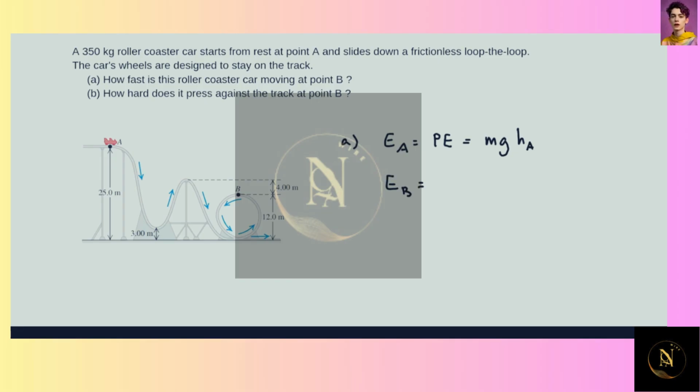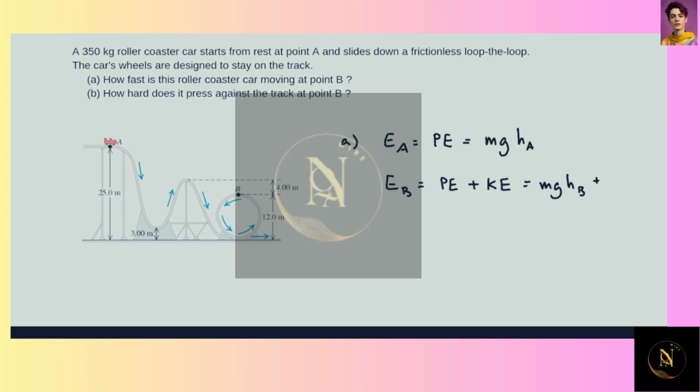At point B, right here, the cart will have a reduced potential energy, but will have gained some kinetic energy, such that the sum of these two energies will still be equal to the energy at point A. So the potential energy at point B will be equal to the mass times g times the height at point B. We're at point B, at a height of 12 meters.